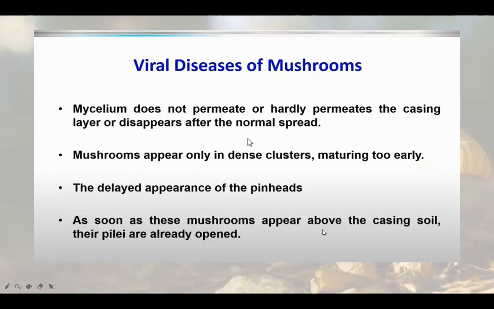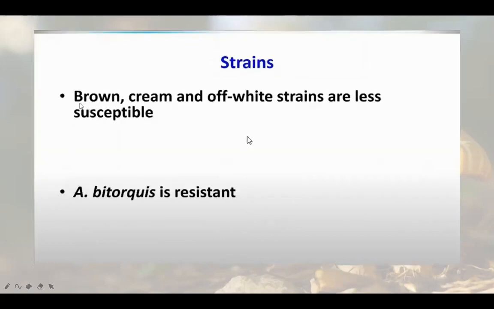As soon as these mushrooms appear above the casing soil, their pileus is already open. Just now we saw that the pileus opens so early; that is what happens with these viral strains. Brown, cream, and off-white strains are less susceptible. Agaricus bitorquis is resistant.